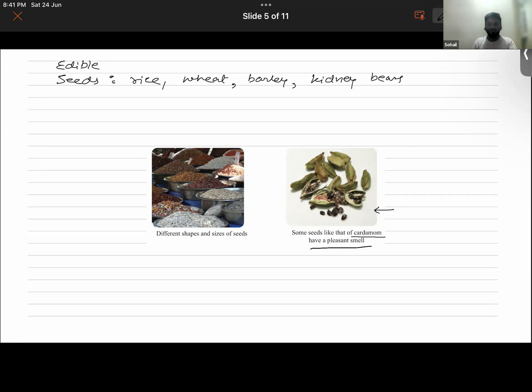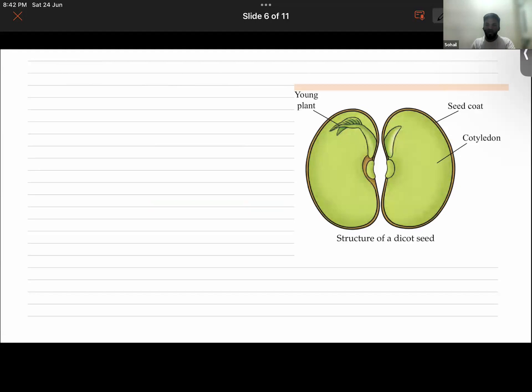You eat rajma. These are all examples of edible seeds. So apart from seeds being used to grow new plants, they are consumed as food as well. All right. Now let's come back to the basic thing, that is how plants are grown from seeds.